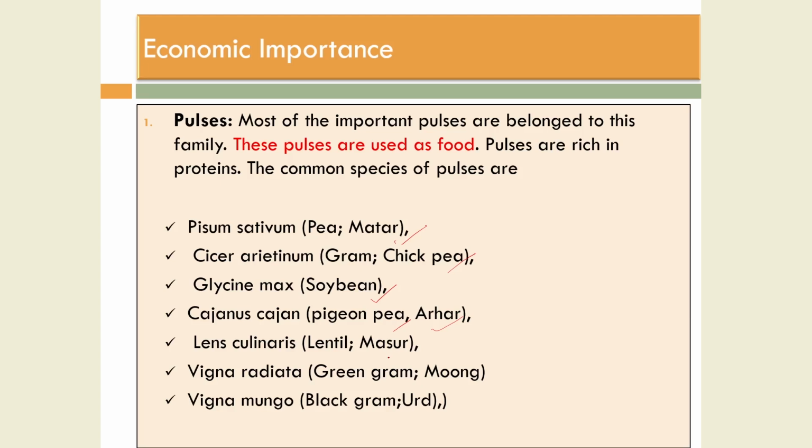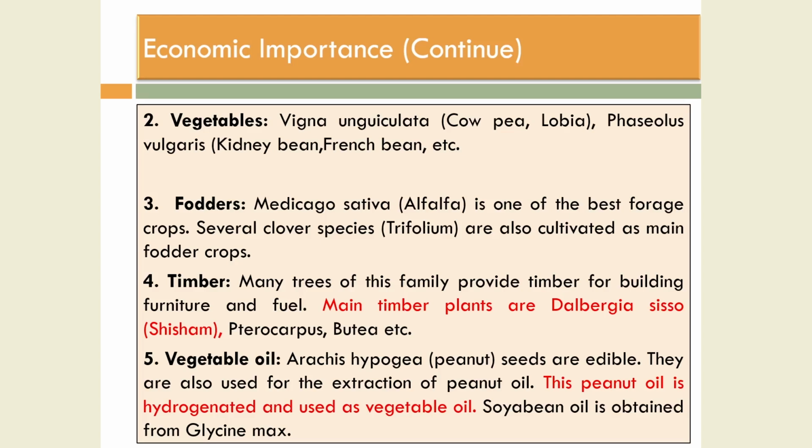Then lentil, Lens culinaris, that is masoor. Then Vigna mungo, that is urad. So you can see a number of pulses belonging to this family, which are the main protein source for vegetarians. This family also yields some vegetables like Vigna unguiculata, called cowpea or lobia.